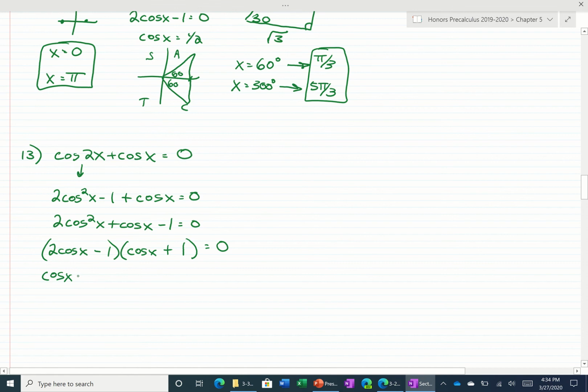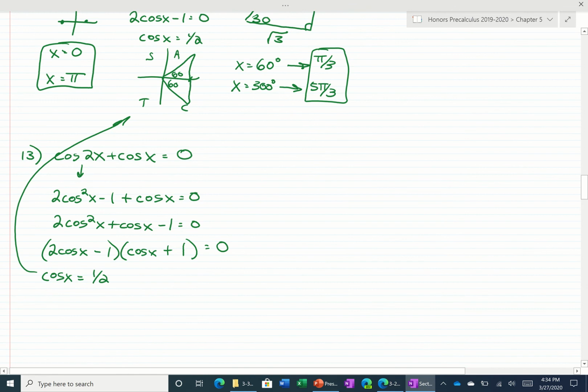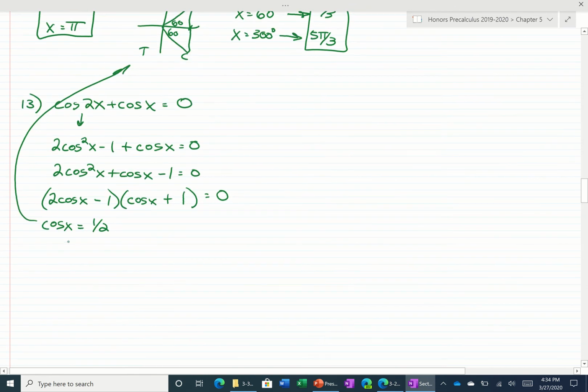So if we make this equal to 0, when is cosine equal to 1/2? Well, we had just seen that in the previous problem, right? So it would be 1/2 at 60 degrees and at 300. And if we convert 60 degrees, that's pi over 3.